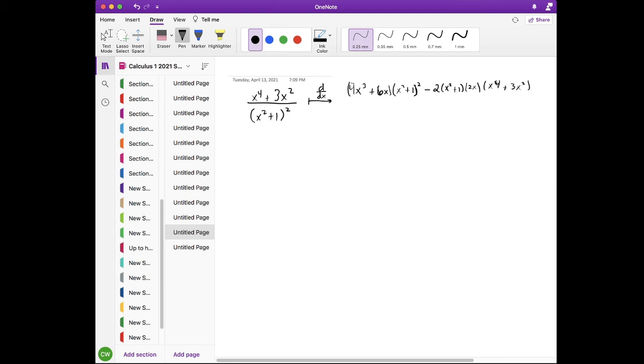All right, it's all over x squared plus 1 to the fourth. All right, how do you simplify this?